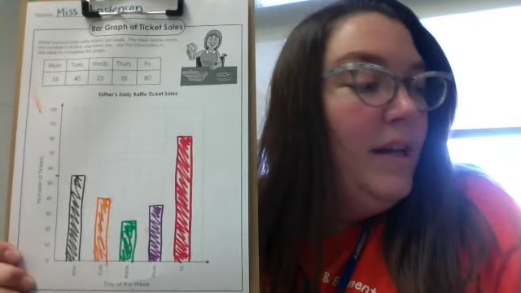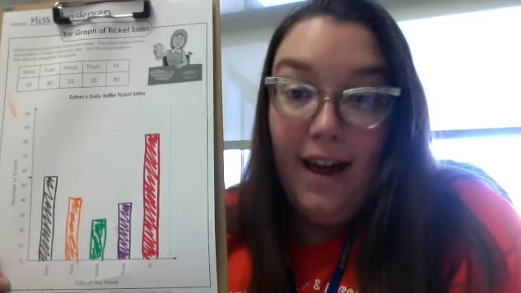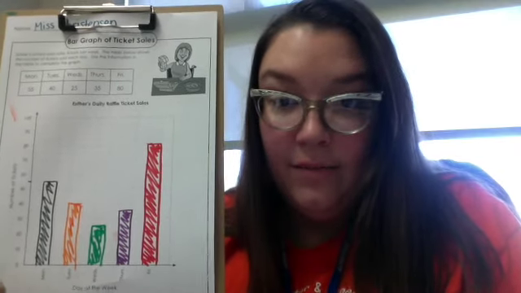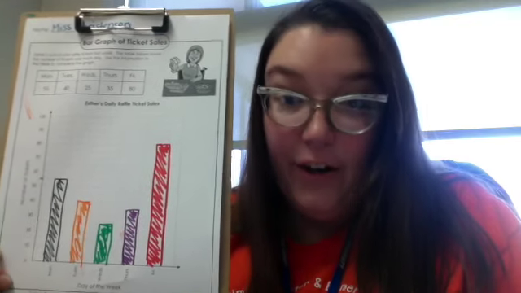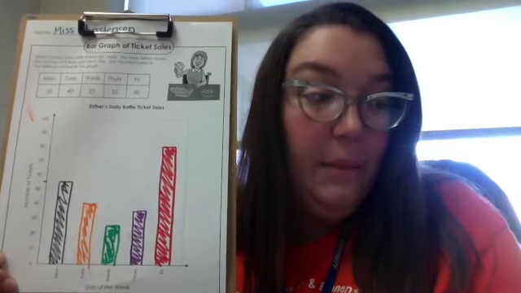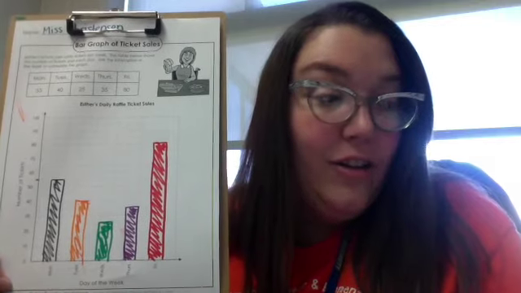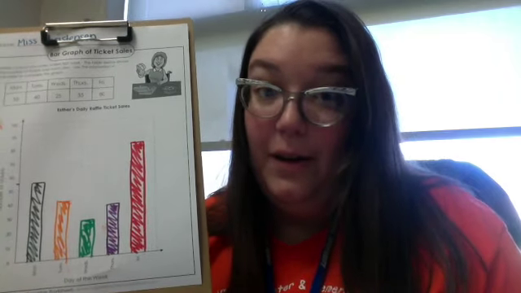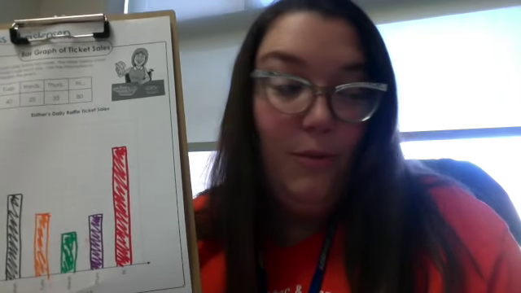So I have another question. How many raffle tickets were sold on Monday and Thursday combined? So together you have to combine Monday and Thursday. So how could we do that? This would be a great place to pause your video too.